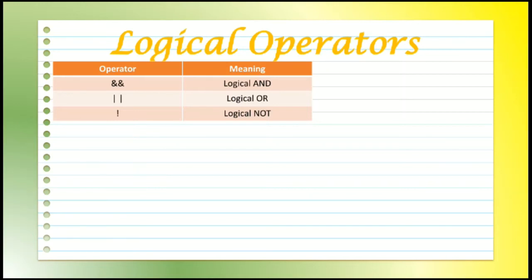Second one is OR, the meaning is logical OR. And third one is NOT, and the meaning is logical NOT. The logical operators AND and OR are used when we want to test more than one condition and make a decision.